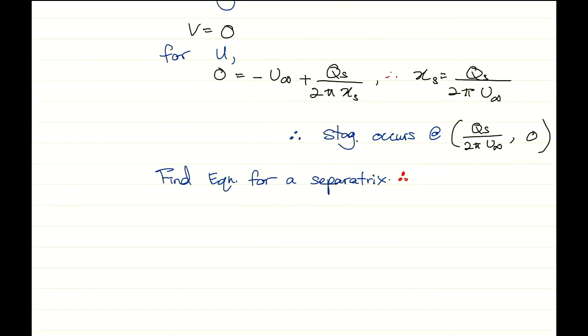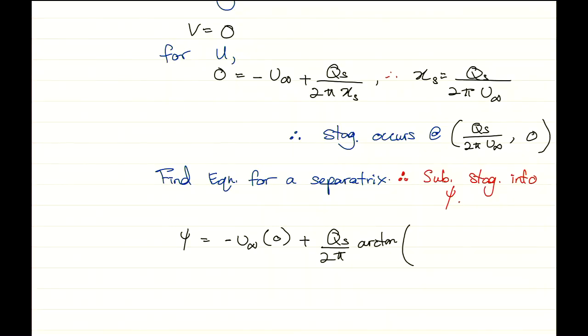Correct. So all we have to do is sub our stagnation points into psi. Very good. Okay, and I'll get psi equals negative u infinity times 0 plus qs over 2 pi times arctan of 0 over qs over 2 pi u infinity.